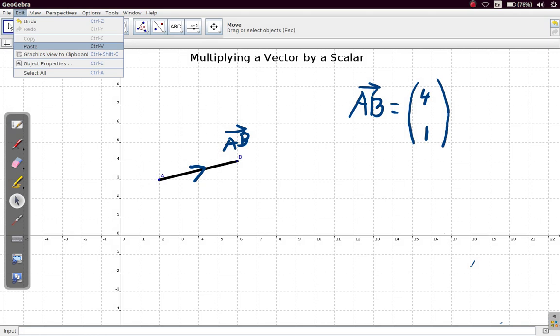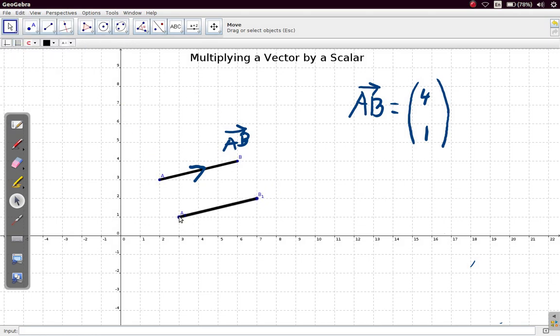Remember, we had copied AB a long time ago, so this is also AB, and if I paste again, we have another AB. So going all the way is 2 times the magnitude of AB, and the direction is the same. So let me put the direction here. So we have this long vector here, which is twice the vector AB in magnitude.